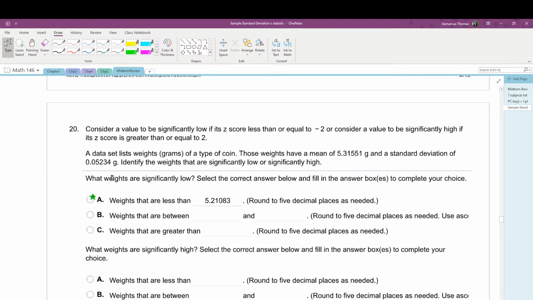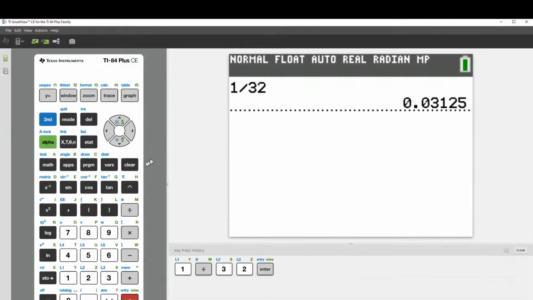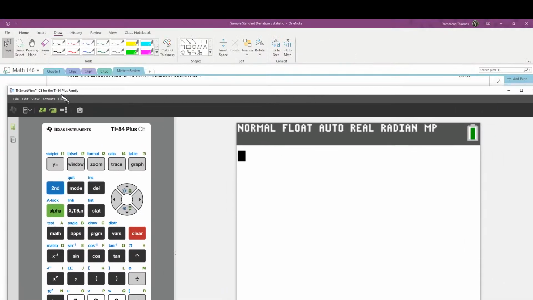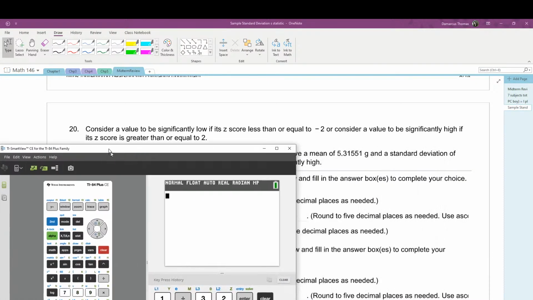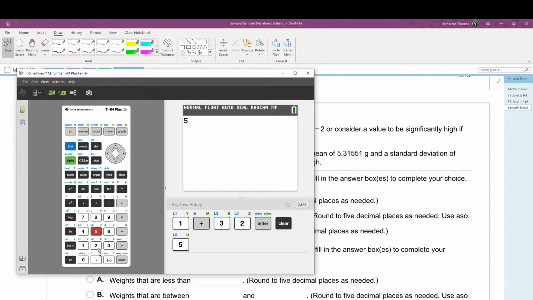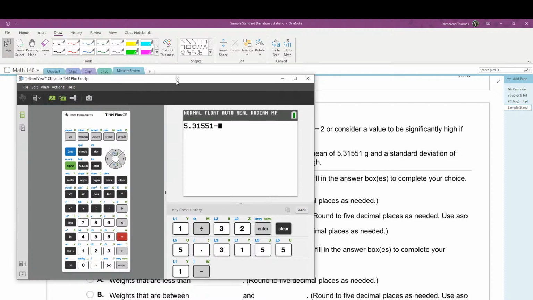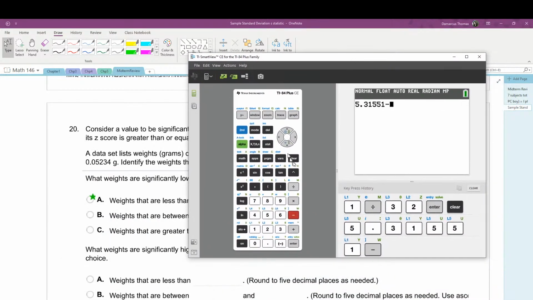Well, if I subtract 2 deviations from the mean, it will be significantly low. And that's exactly what they did. So let me show you. All they did was take the mean, which is 5.31551, and they just subtracted the standard deviation from it twice.